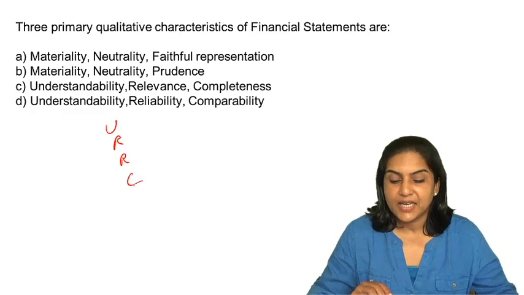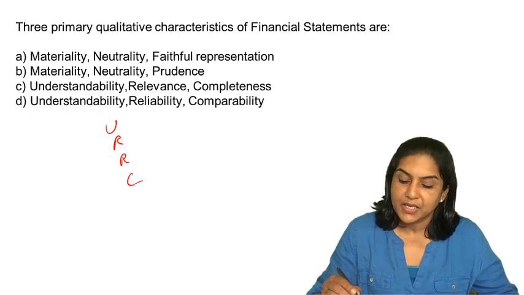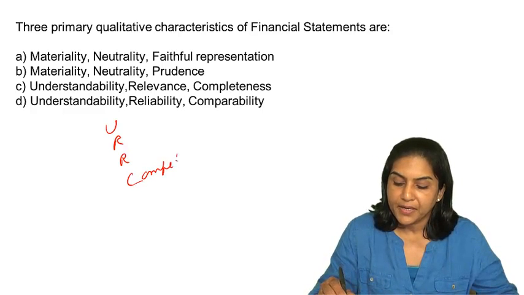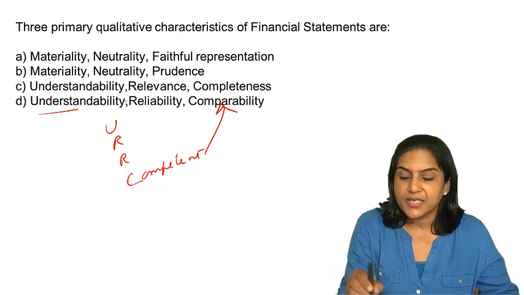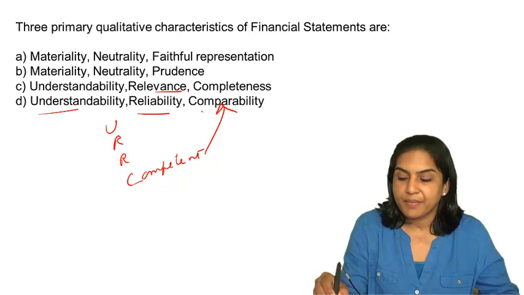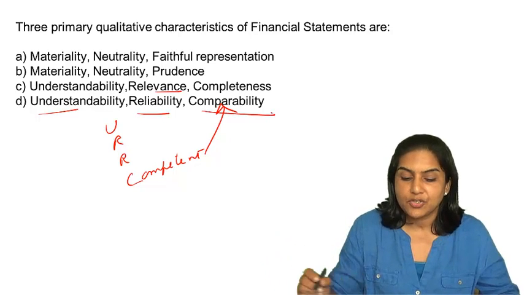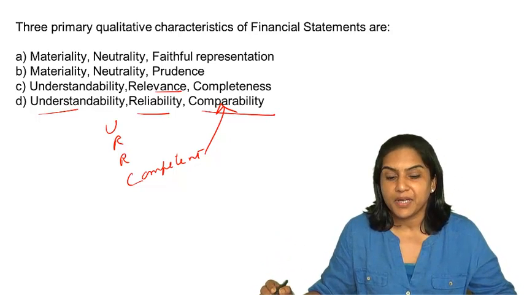Answer should be D. Understandability, reliability, and comparability. Make it you are really competent, maybe easier to remember. Competent and comparability: understandability, relevance, reliability, and comparability. So in this case, the answer should be D.